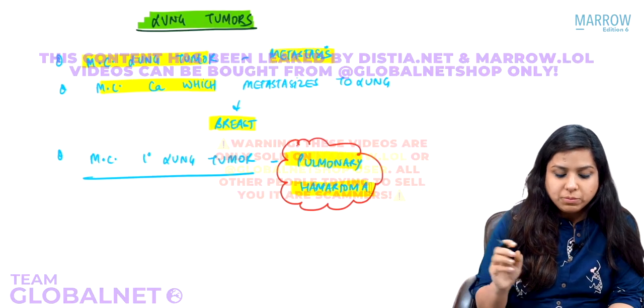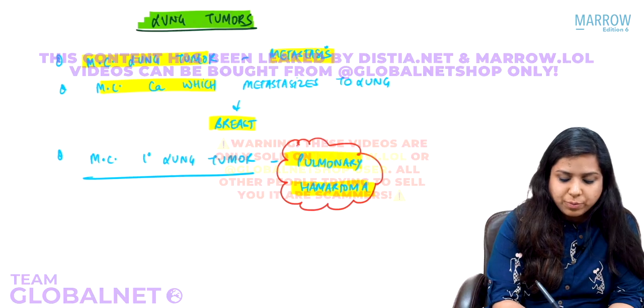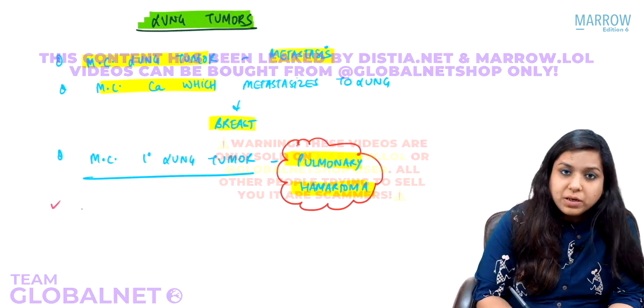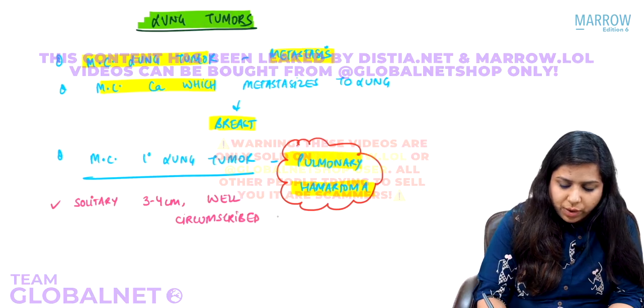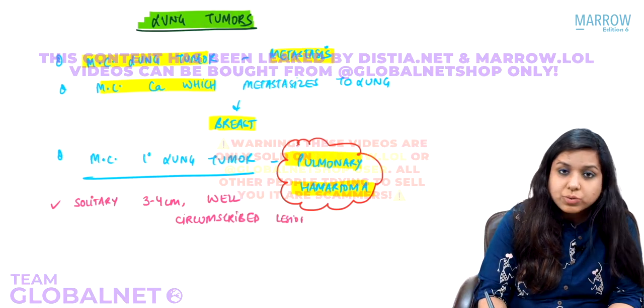Few words about pulmonary hamartoma, students, before I proceed further. Pulmonary hamartoma is a solitary 3 to 4 centimeter well circumscribed lesion, right?